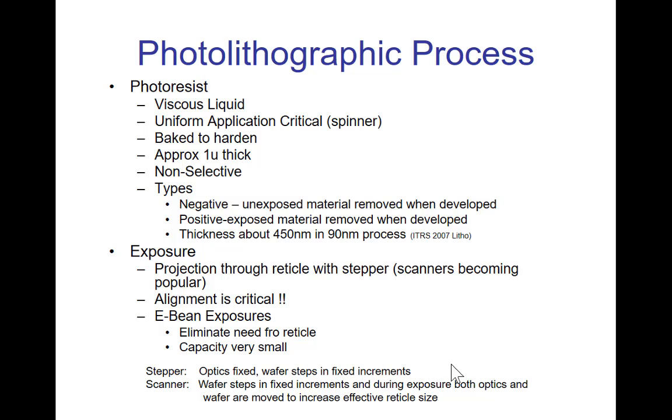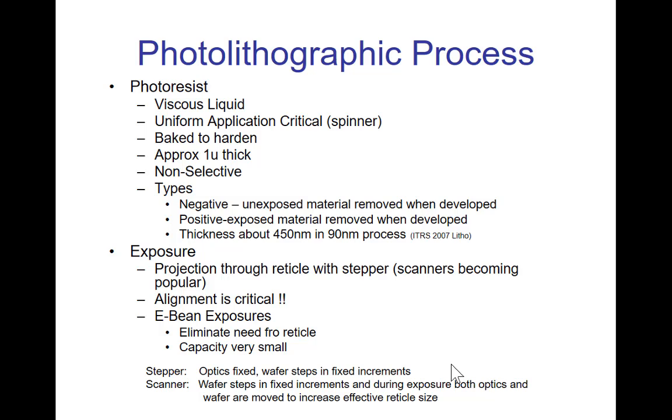The way you do it is, suppose I have this whole wafer here, and I just want to make one area here. First of all, I apply a photoresist material on the whole surface of the wafer. This is very similar to something many of you probably saw in elementary school.